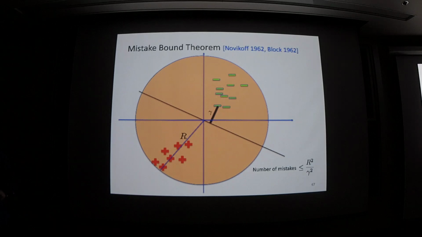But on the contrary, if your positive examples are quite close to negative examples, such that your gamma is pretty small, the bound becomes large because it's proportional to the inverse of gamma squared. That means you potentially will make a lot of mistakes to find a right separating hyperplane.